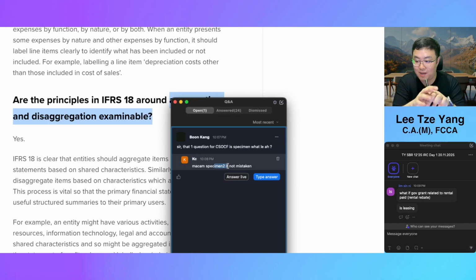If the rental you paid is related to an asset that is used for operation purpose, operating. Like for example, if the government gives you rental for staff quarter, which means the staff accommodation, that one must be operating.